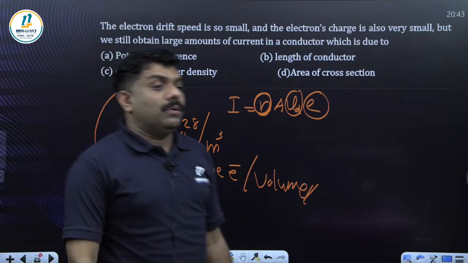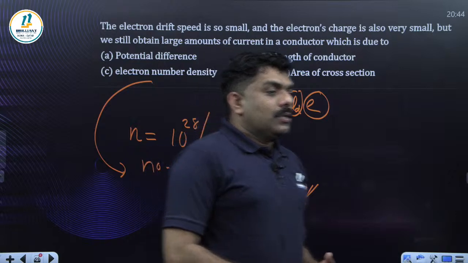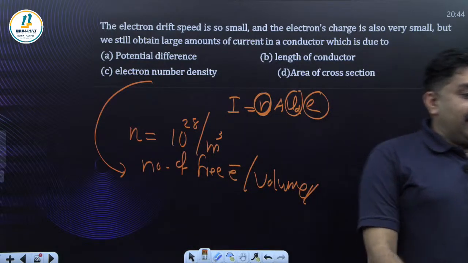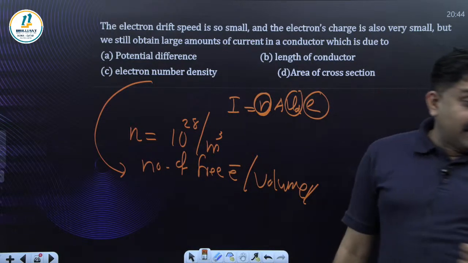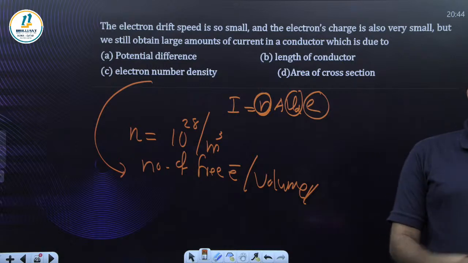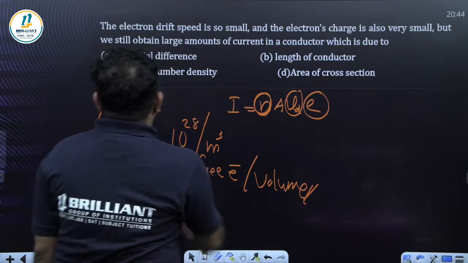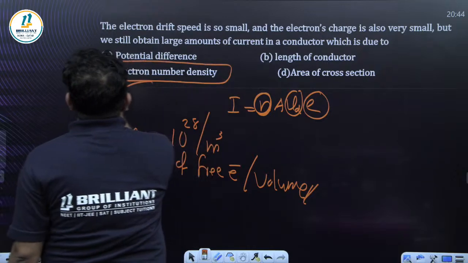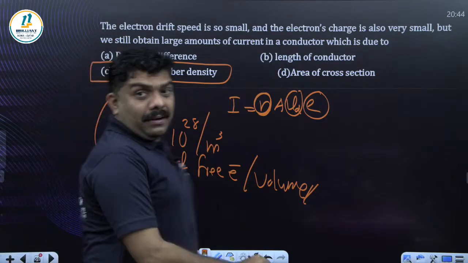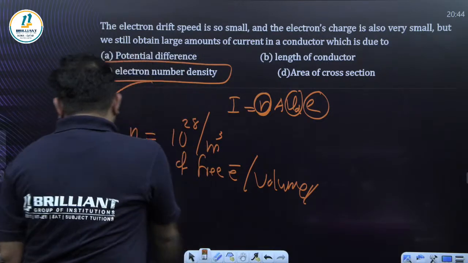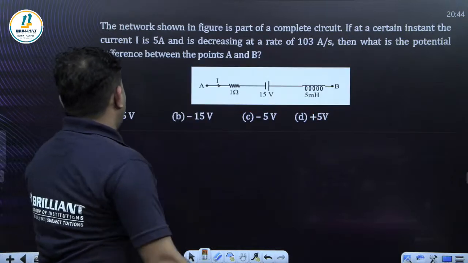So yes, Nayan Thambi, right answer. Smridhi, right one. Mini Reem, right one. The right answer is option C, electron number density. Okay, now the next question, look.